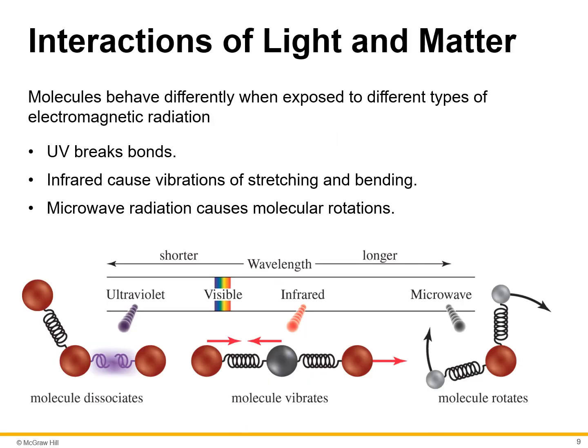So molecules behave differently when they interact with, for instance, UV radiation. Bonds can be broken. If they're interacting with IR, infrared, they can vibrate. And when you're dealing with microwave, which are longer wavelengths and less energy, they can rotate.